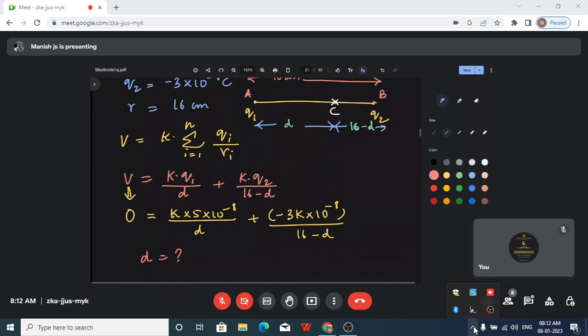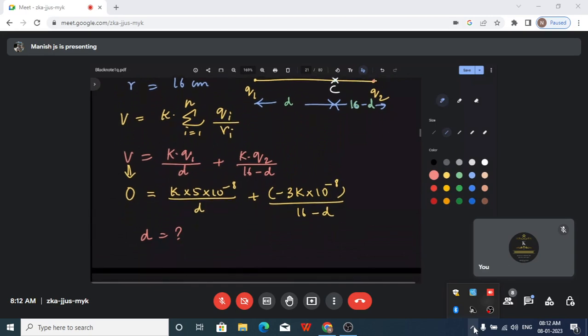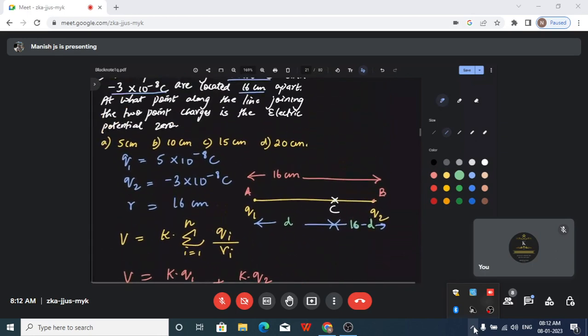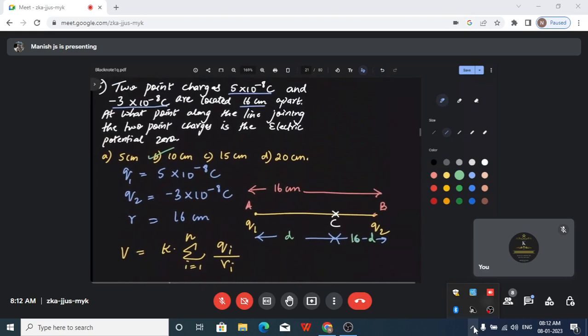Yes, கண்டுபிடிச்சிட்டீங்களா? D value என்ன வருது? 10 centimeters, sir. D is 10 centimeters. Perfect. So you will get it as 10 centimeters. Good. That is the answer. Okay, this is the method to solve this type of questions.